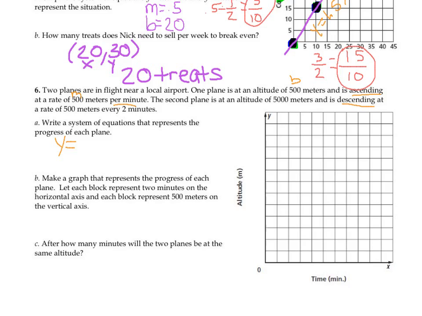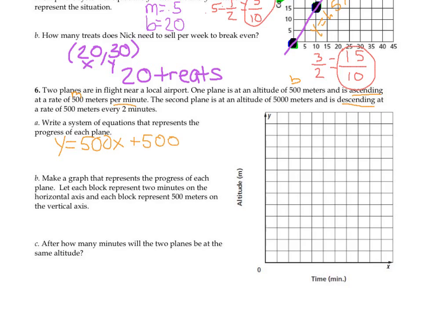And we know, because the plane is ascending, our rate has to be a positive 500 because it is going higher. So our rate, or our m, is 500, so y equals 500x, and we saw that our b is also 500, so we have plus 500.